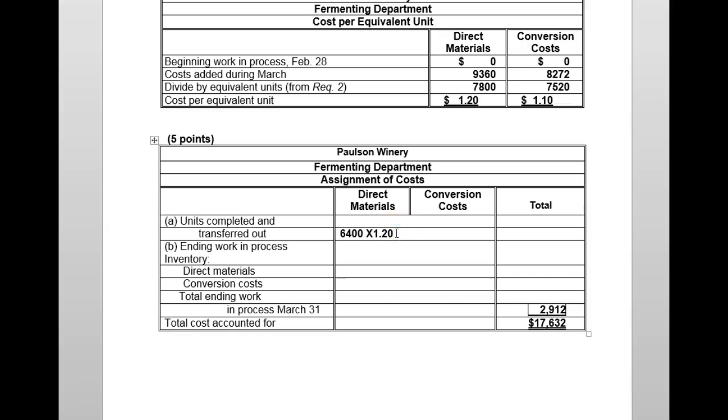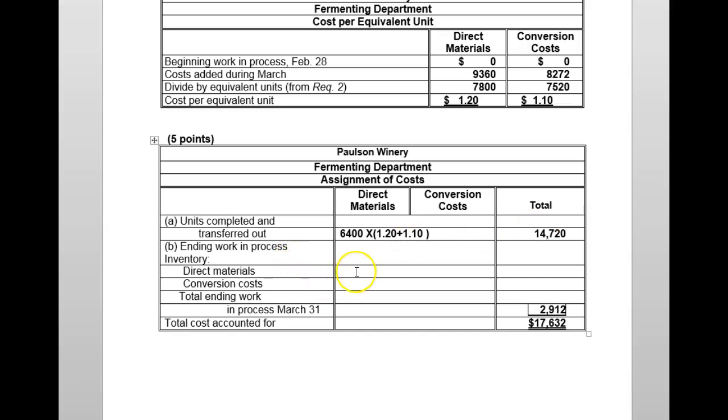Since they're totally complete, I'm going to multiply 6,400 times both of the unit costs added together. I can do that because there's no split. And I come up with 14,720. Now that's for the completed parts.